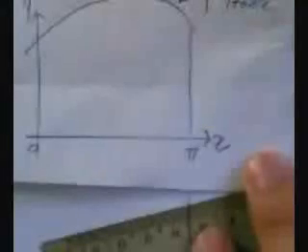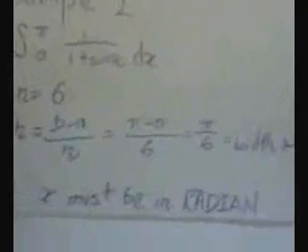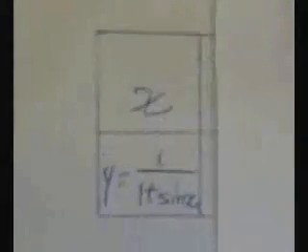And the graph of the function should be like this, where this is y equals 1 over 1 plus sine x, and it is from 0 to pi, where 0 is the lower limit and pi is the upper limit. Okay, since this example is dealing with trigonometry, x must be in radians. Remember, it must be in radians.